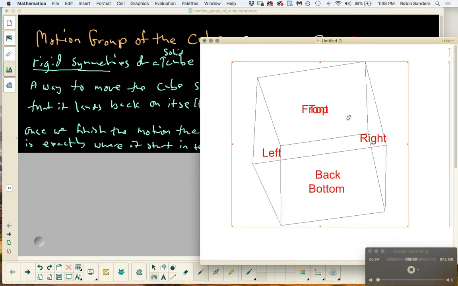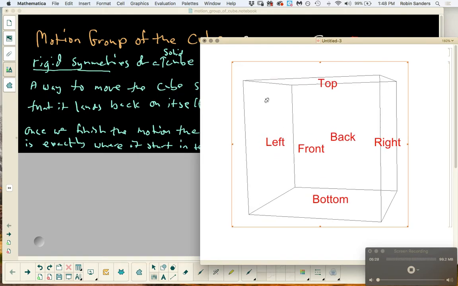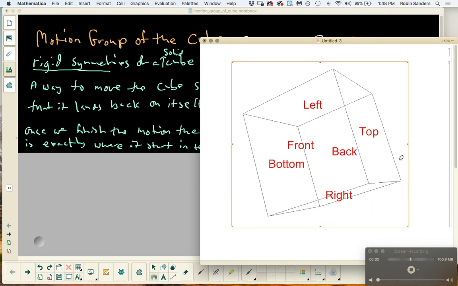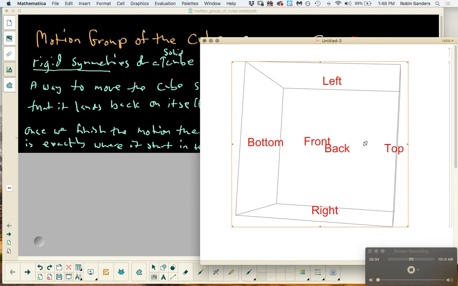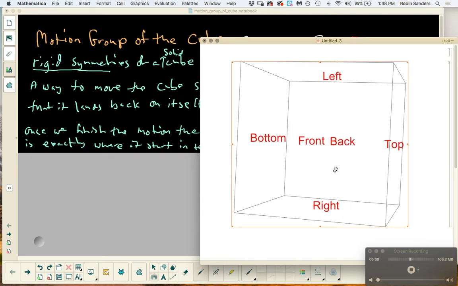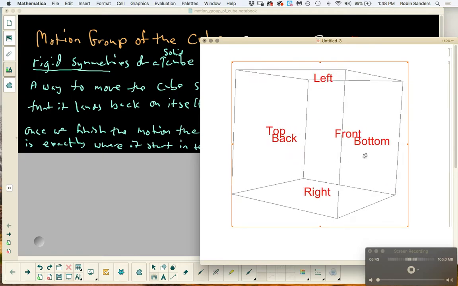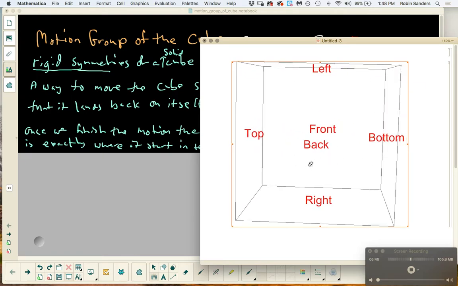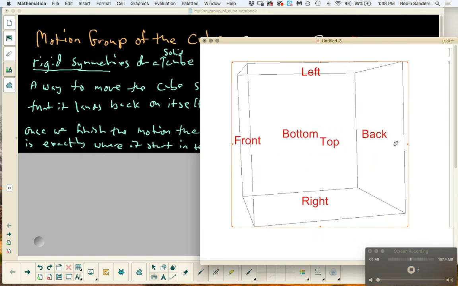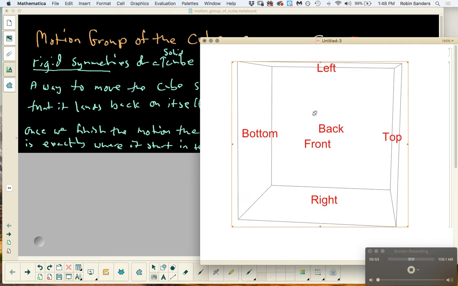Of course, I could also rotate this direction and put the left side on top. And again, once the left side is on top, we have a 90-degree rotation, a 180-degree rotation, a 270-degree rotation, and 360 degrees, which is exactly equal to not rotating at all.